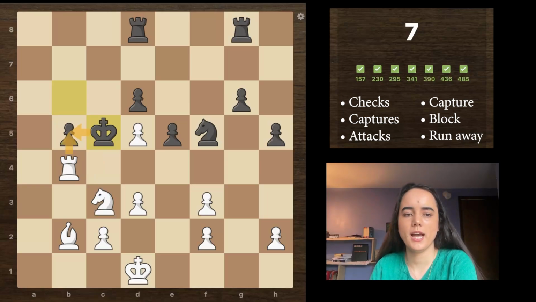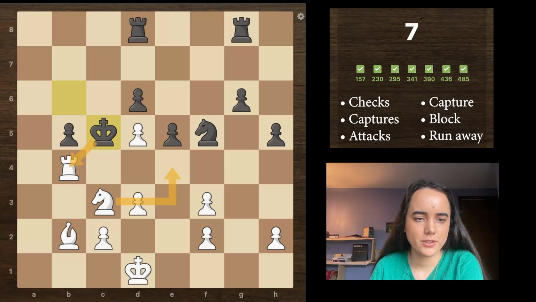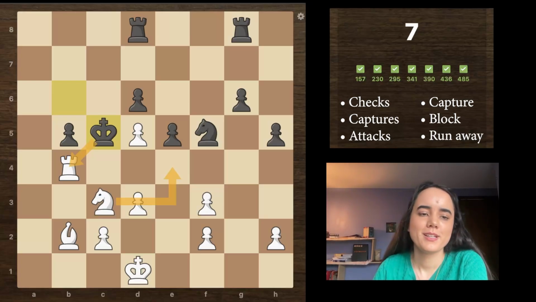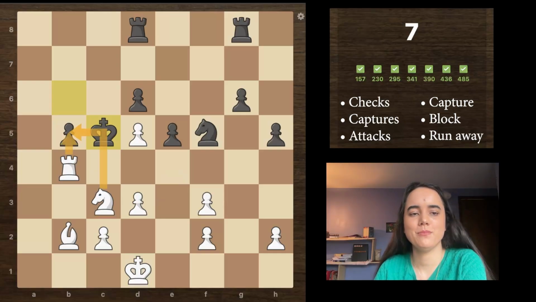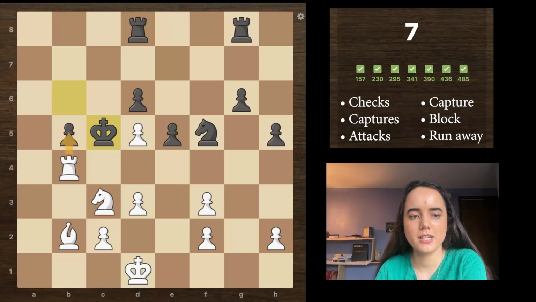So we're gonna look at this knight check first. Well, in the knight check, he can also just take the rook. So let's see. Oh, wait. Okay, this rook check, he cannot just take the rook because it's defended by the knight. So that one looks like the only good check.